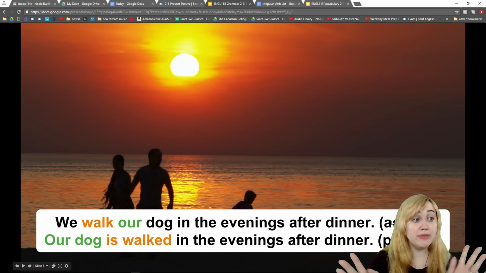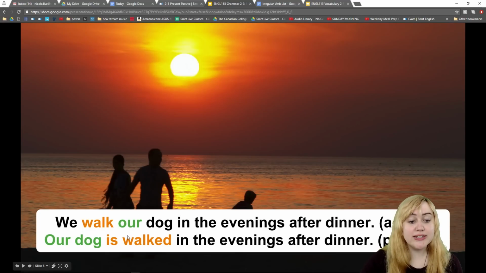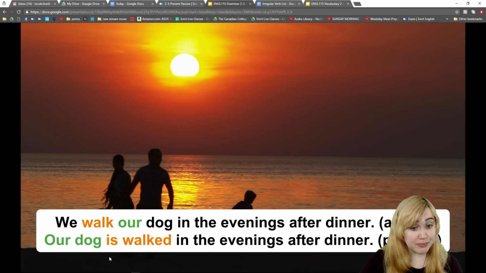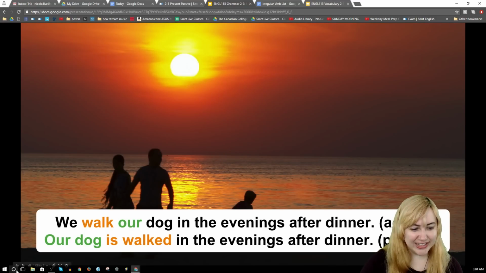Active again just means normal style. Passive, our dog is walked in the evenings after dinner. In this sentence, we don't say we. We canceled we, and we put our dog at the beginning with our passive grammar. Again, present simple passive, we use be, am, is, are, and verb 3. Walk, walked, walked.